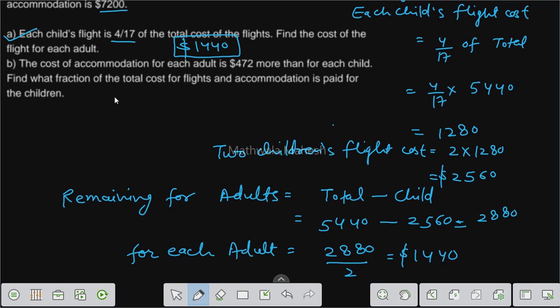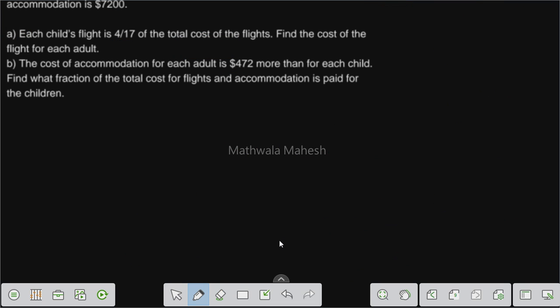Now the last one: the cost of accommodation for each adult is $472 more than for each child. Find what fraction of the total cost for the flights and accommodation is paid for the children. So I found this one is 1440. Now the B option.